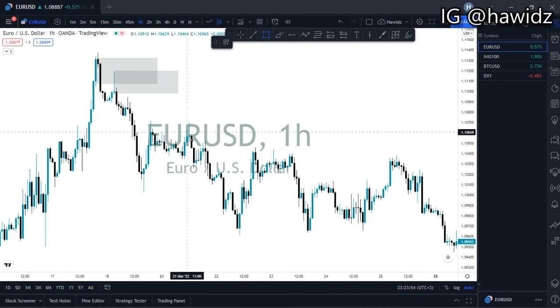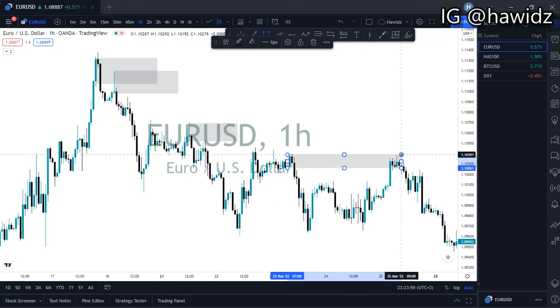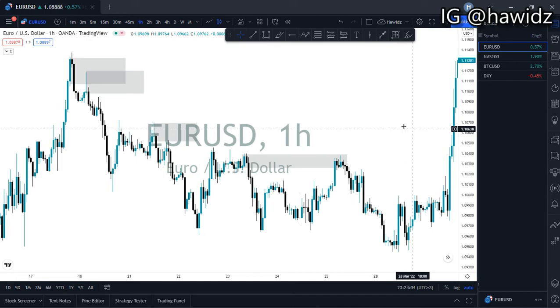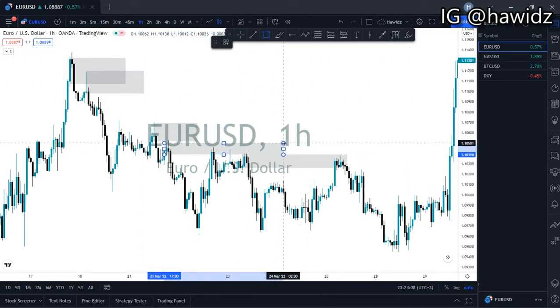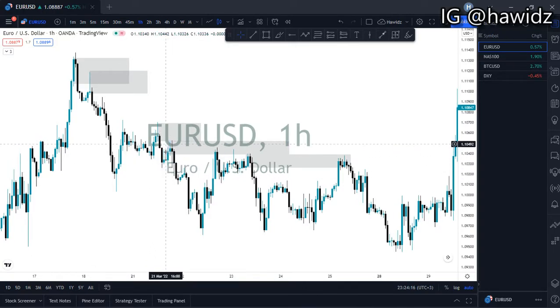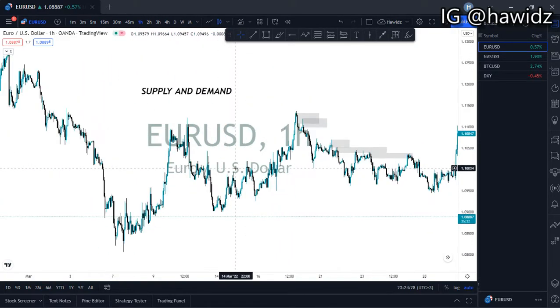And again, the last bullish candle, the last bullish candle. Yeah, so that's it. These are supply zones, right? The last bullish candles before the bearish move started. So this is what we call demand and supply zones.